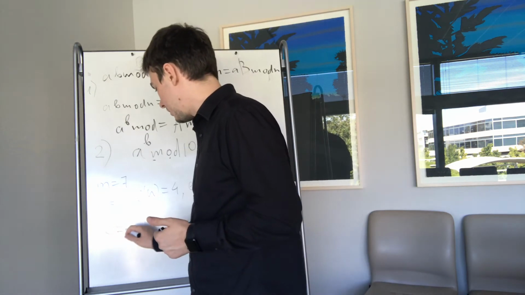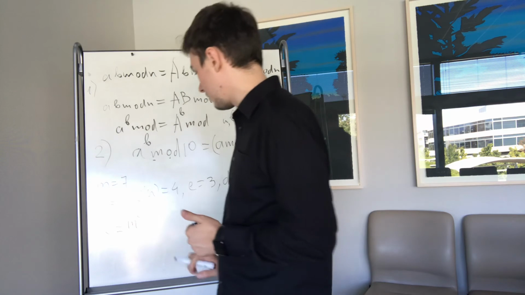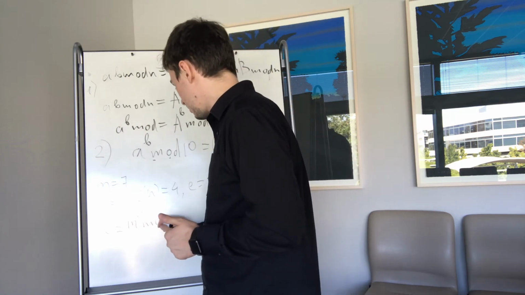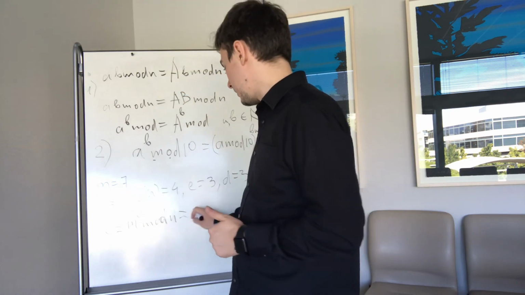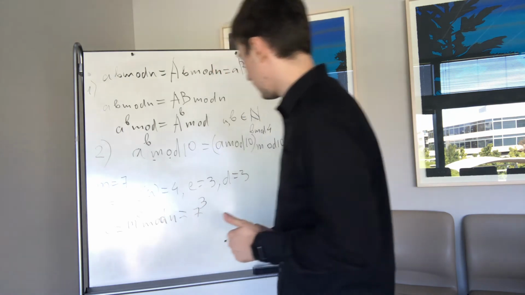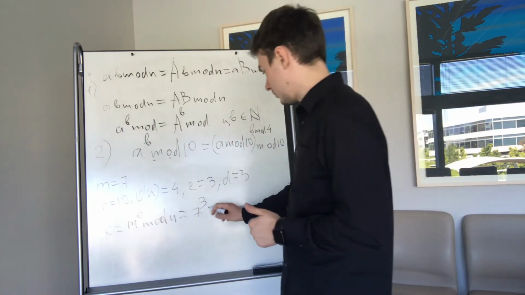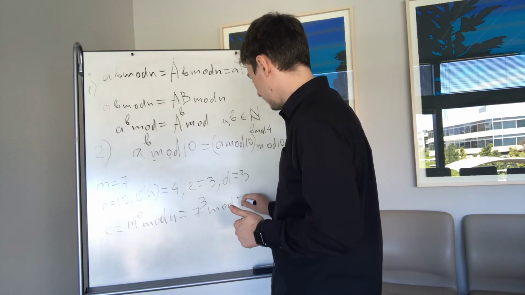So the cipher is M power E mod N. This equals, M is 7, E is 3, mod 10.